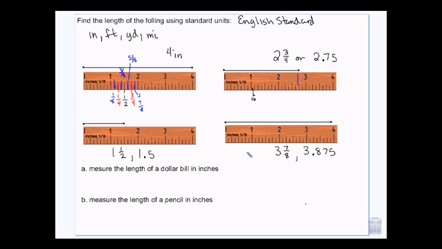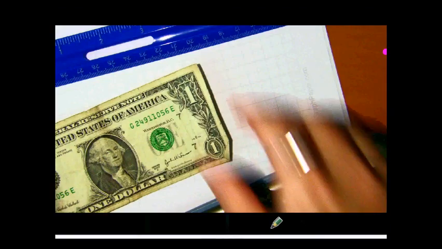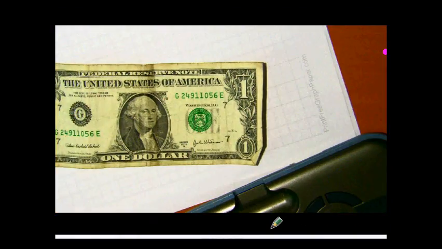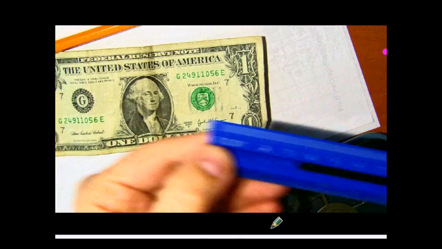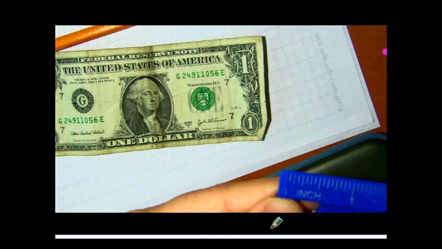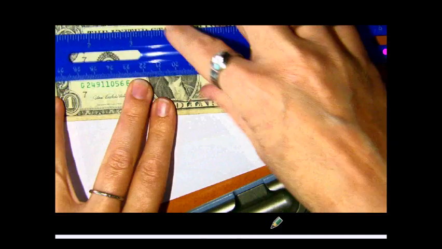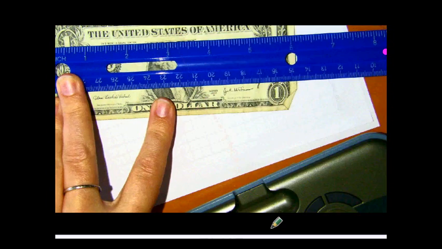Okay, so if we're going to do the dollar bill in inches, just like on the centimeter side where the 0 didn't line up, the inch side doesn't line up either. So you have to make sure to line up to the 0 and not the end of the ruler.